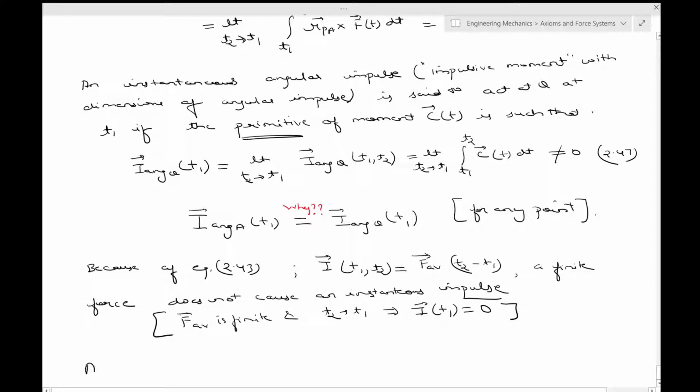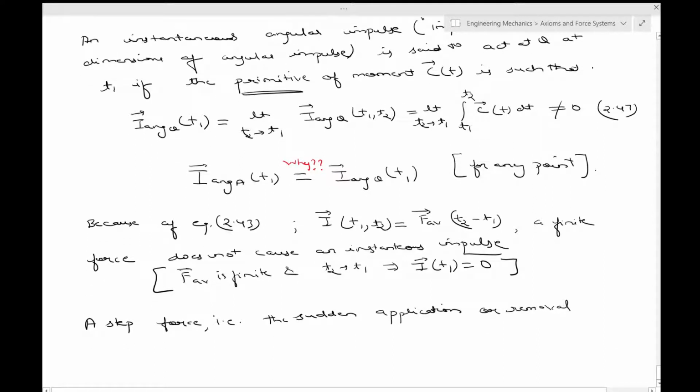The next statement: a step force, that is the sudden application or removal of a force, does not cause an instantaneous impulse.